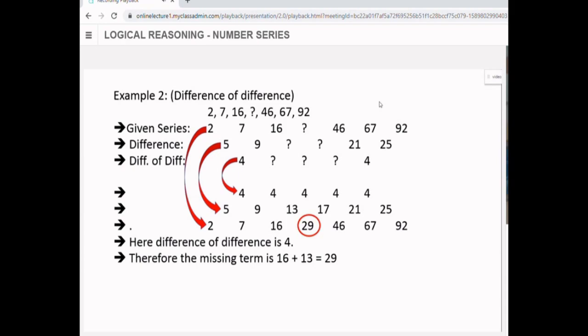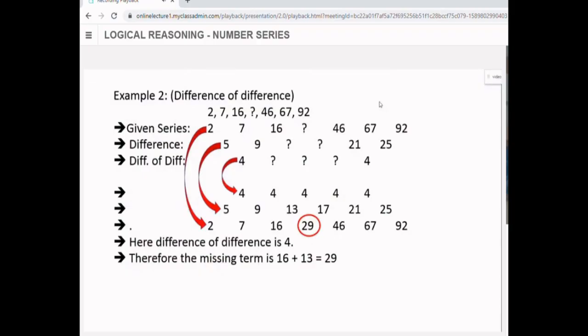So if the first difference is 4, last difference is 4, all differences have to be 4. So the 4, 4, 4 differences. From differences, first is 5 plus 4, 9, 9 plus 4, 13 and so on. So that is the difference of difference method. This method is to be used if you can't find out the number.